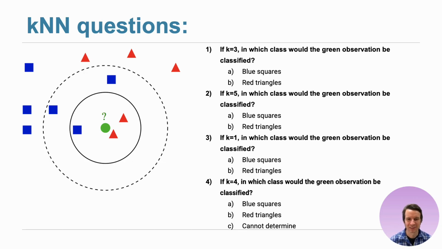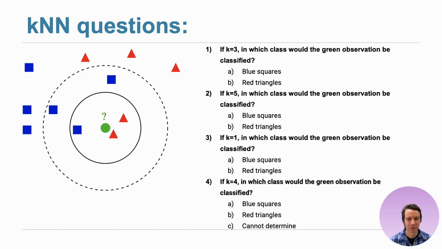majority of triangles. Right? If I have k equals 5, then it would be by the dashed circle, and in the dashed circle there are more blue squares than red triangles, so we would classify it as a blue square. If you have k equal 1, then you just take the nearest thing, so we would classify it as a red triangle.